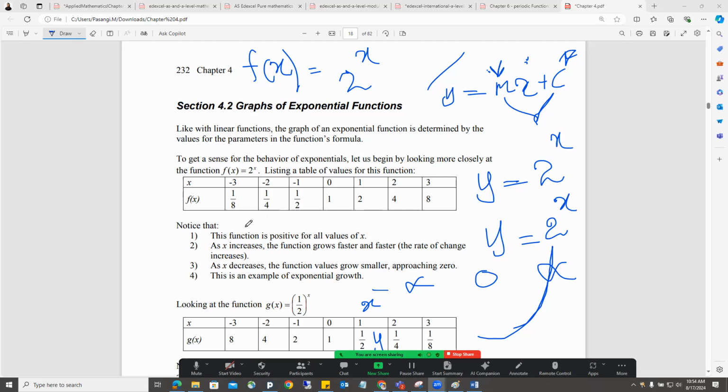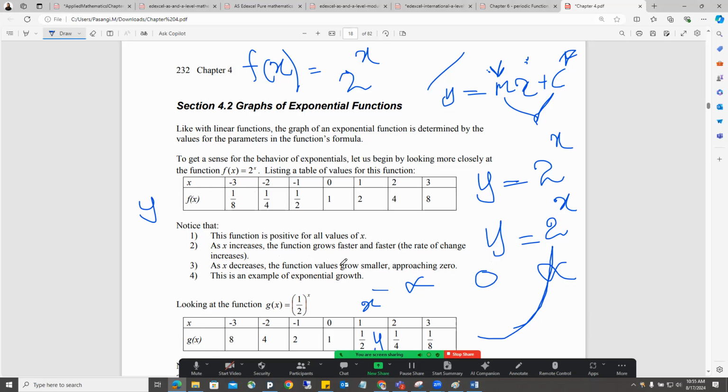So here, what will happen? This function is positive for all values of x. For all values of x, the y values are positive. As x increases, the function grows faster. You can see the curve has a rapid growth when the x value increases, and the rate of change increases.